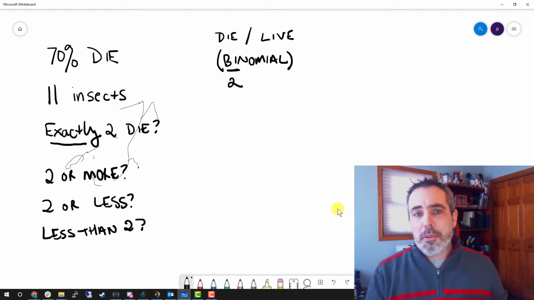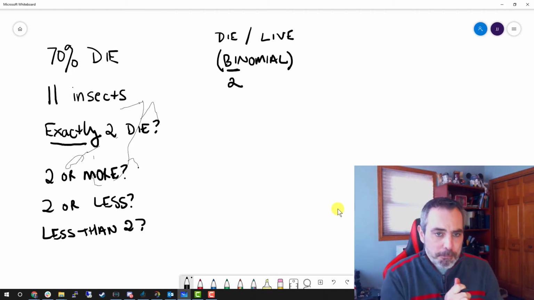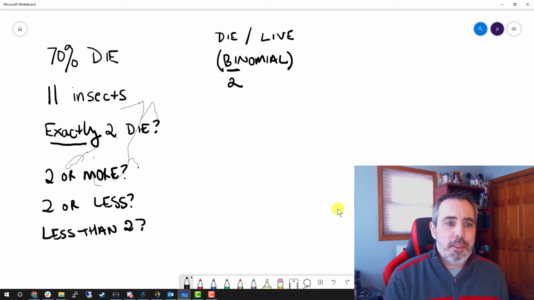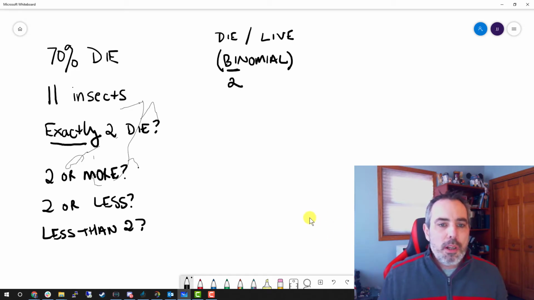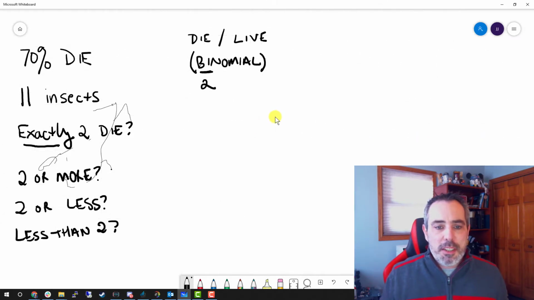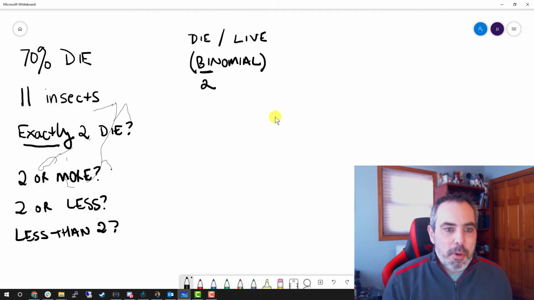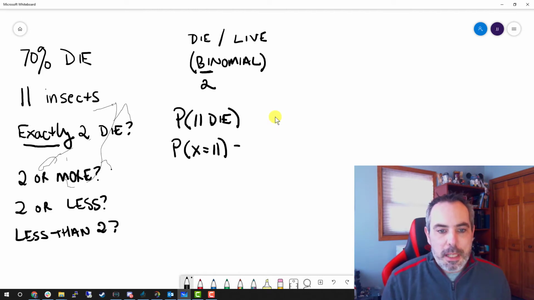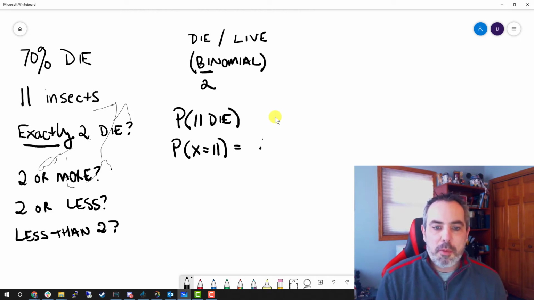I'm not going to do that entire thing by hand, but I'm going to start with the same question with a different twist: what's the probability that all the insects die, right? Most people would remember that since each of these is an independent event, the probability that x is equal to 11 would really be just taking the individual probability that an insect dies and multiplying it.